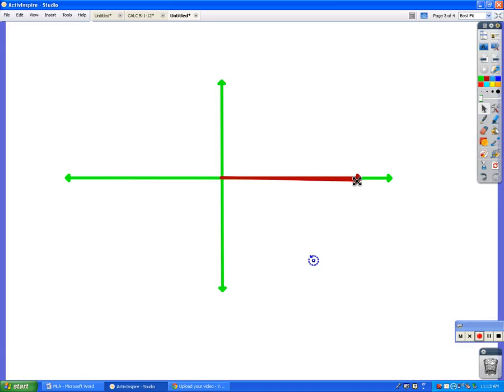How much farther do I have to go to get to negative 420? Another 60, so that's going to be right there. That angle ends at negative 420.